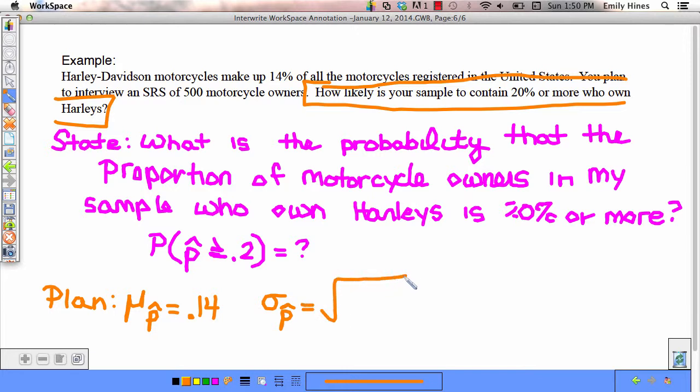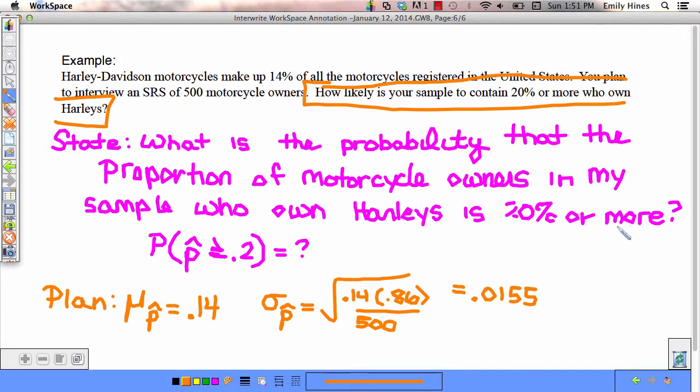So that would be the square root of 0.14 times 0.86 divided by my sample size, which is 500. And I am going to get the value of 0.0155.